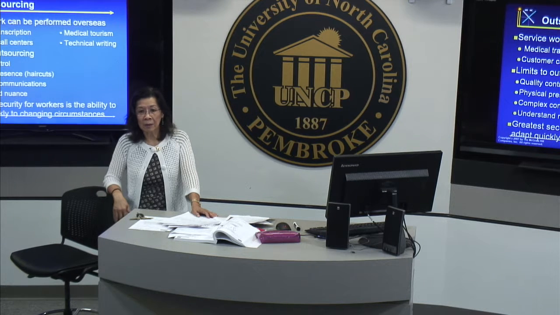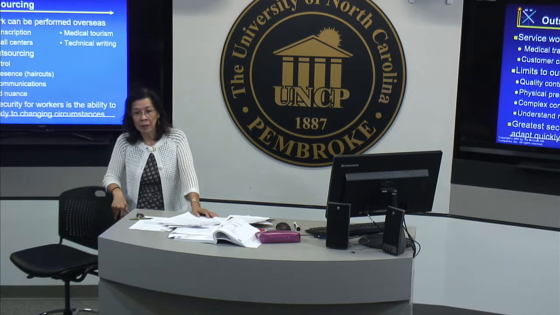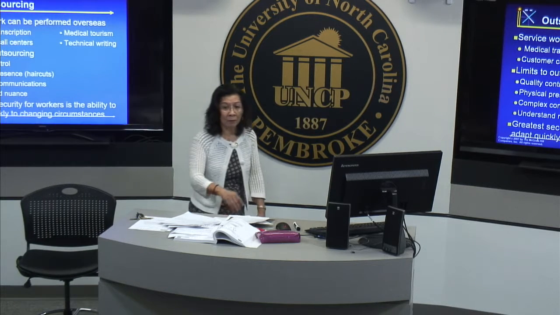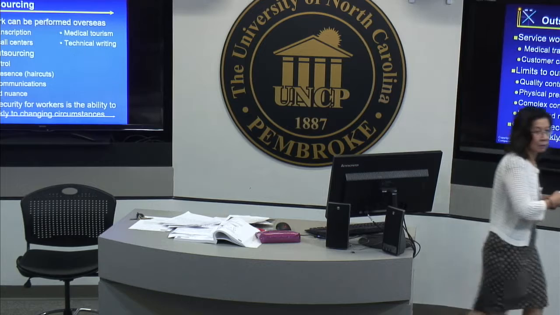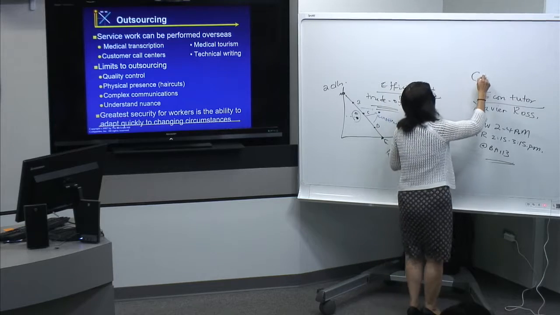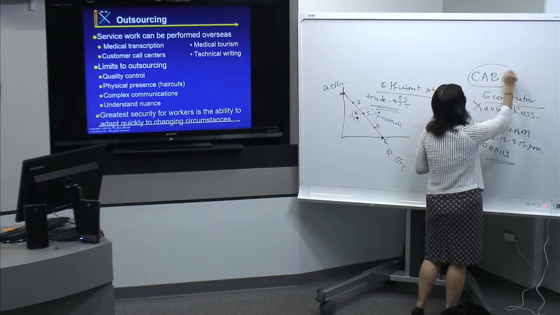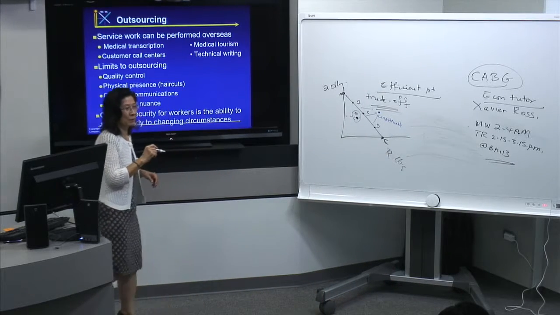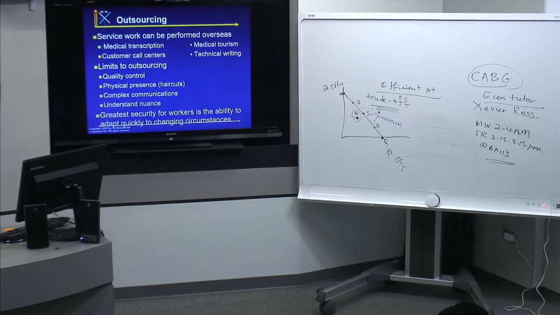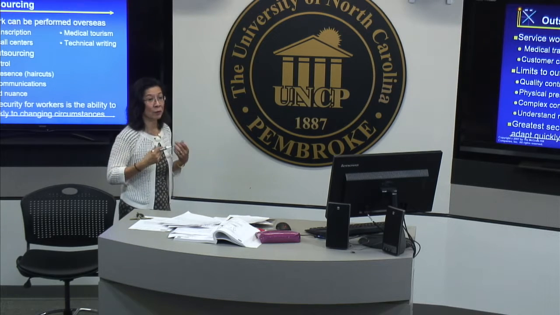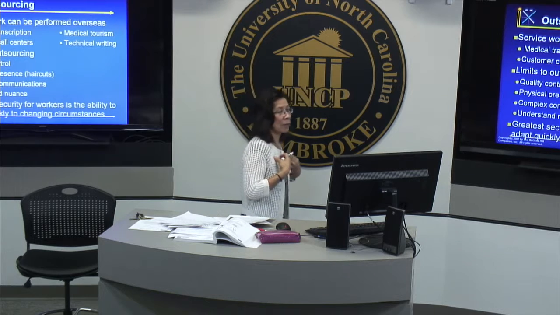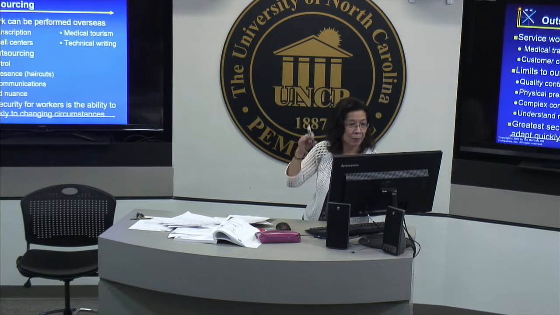I'll give you an example. Now, if you have a bypass, what we call CABG, how many of you heard about the term CABG? Okay. So tell us what it stands for, if you know what it is. It's something to do with your heart, right? Yeah, it's coronary artery bypass grafting.